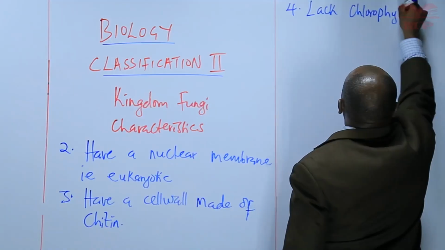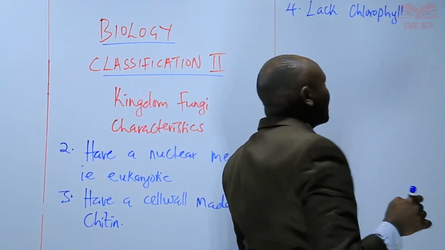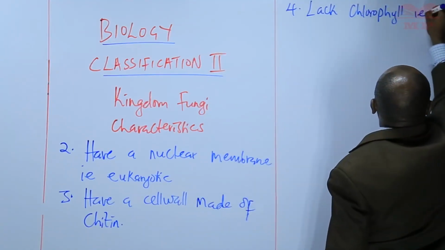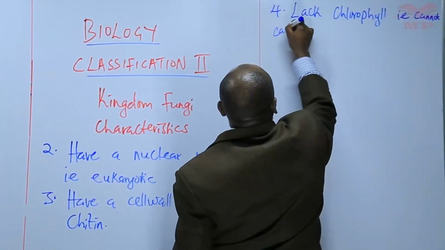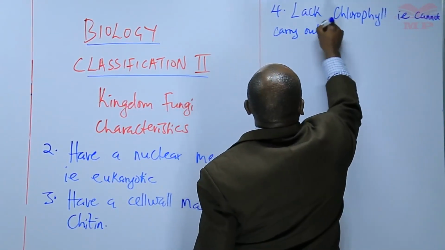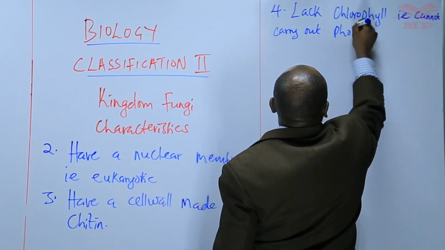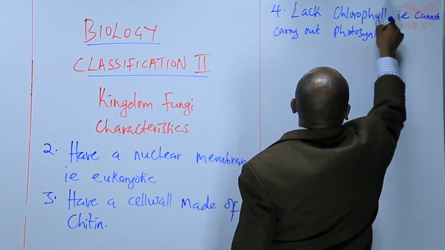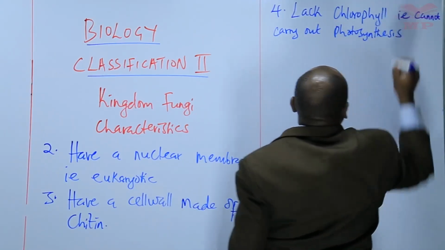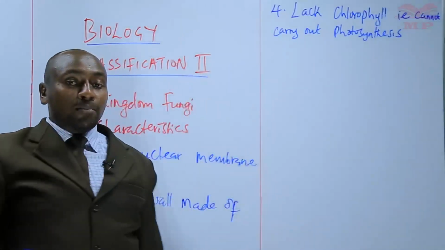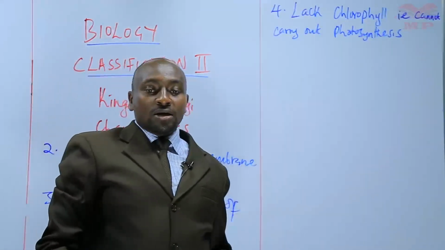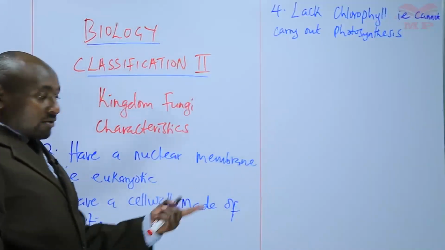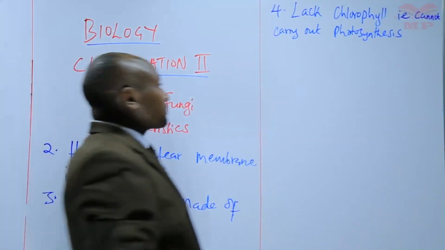That means they are not green, and therefore cannot carry out photosynthesis. They cannot make their own food. So that explains why most of the fungi, you'll find them growing on bread, on food, because they cannot make their own food.